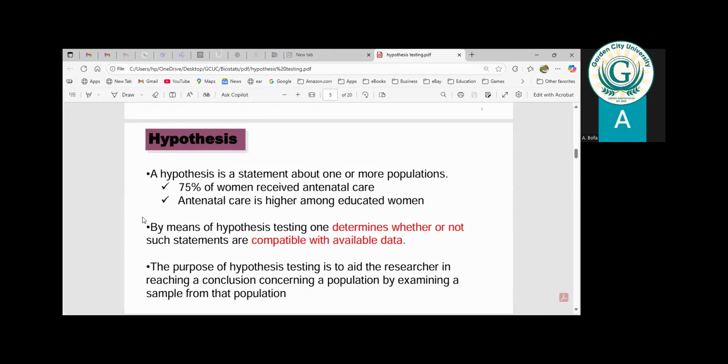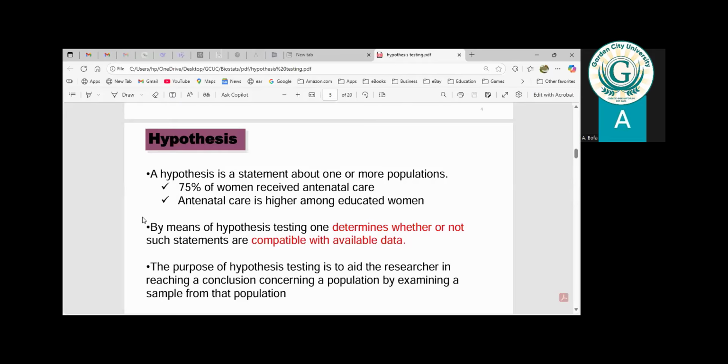That's where you need to apply your hypothesis testing. Based on your hypothesis testing, you will be able to tell us that whatever this person said is true or it is false. And that's where we make good use of hypothesis testing, where we accept or reject the null hypothesis.